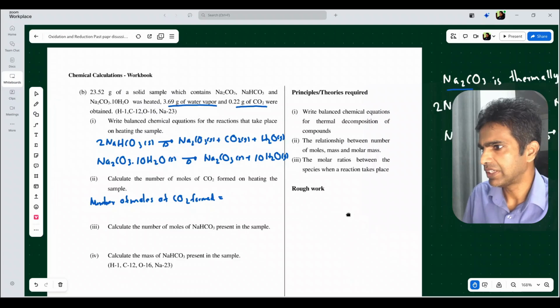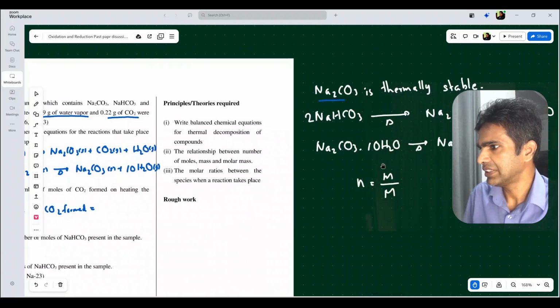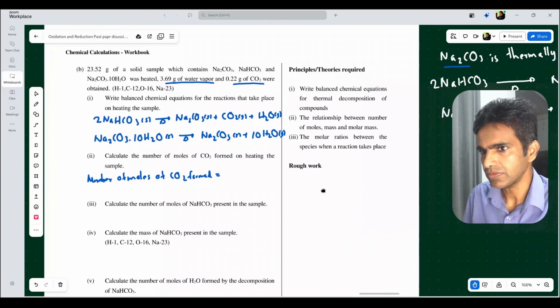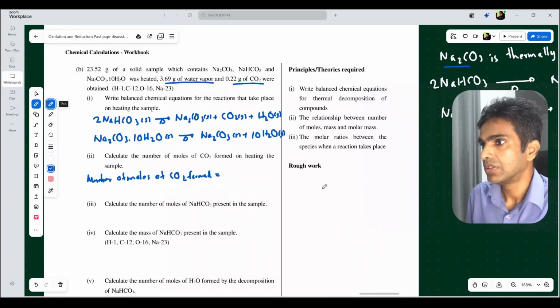So how to calculate that? Number of moles is mass over molar mass. Mass of carbon dioxide 0.22 grams.